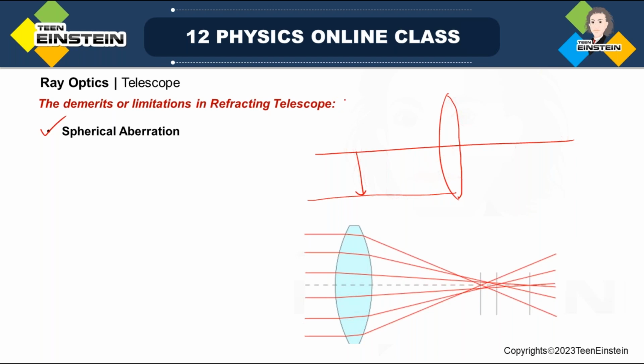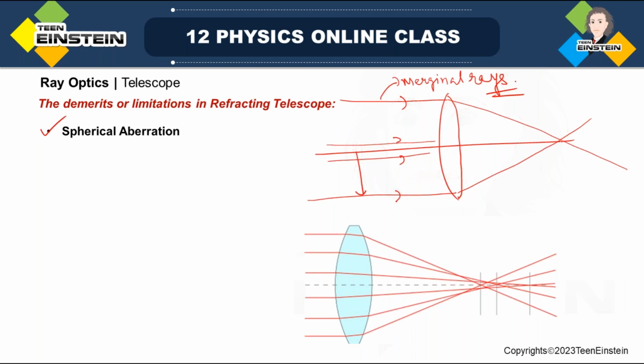The rays which are near the principal axis are called paraxial rays. These marginal rays, when refracted through the lens, are focused at different points than the real focus of the lens.